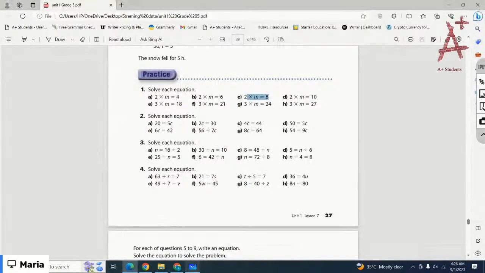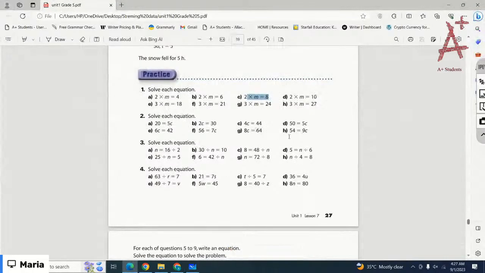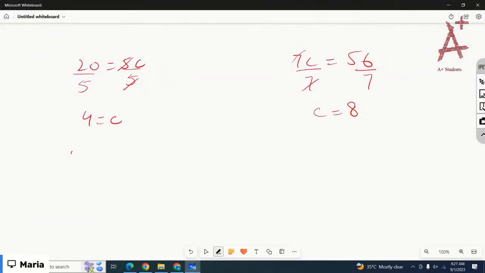Okay, let's do 7c equals 56. So 7 is multiplying c, so opposite to multiplication is division. You have to divide both sides by 7. So 7 and 7 cancel out. 7 times what number is 56? 7 times 8 is 56, right? Let's just do the last one. 54 equals 9c. So 9 is multiplying c, and opposite to multiplication is division.